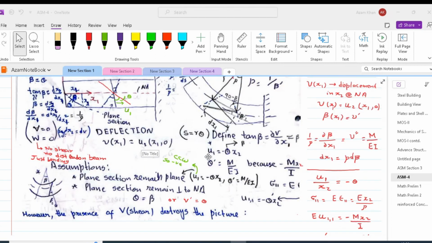We can differentiate this expression u1 is equal to minus theta x2, and we will get u1,1 is equal to minus theta prime x2.